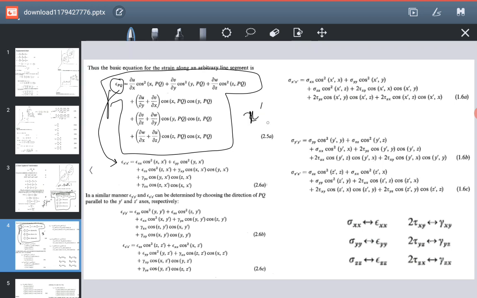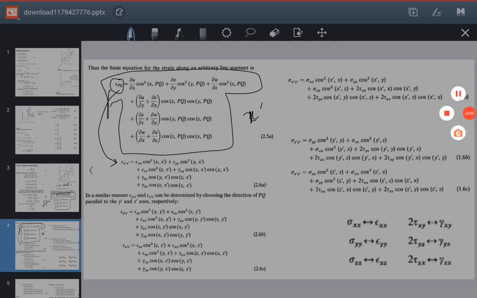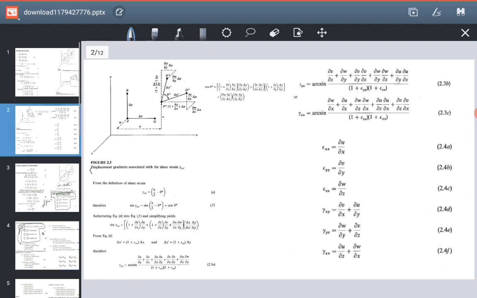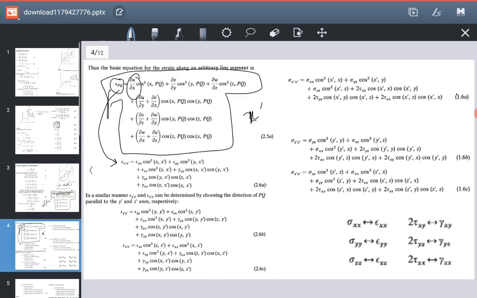So ∂u/∂x is equal to, if you see here, we are just going to substitute this with this. This is what we have precisely done here, and finally we got the next expression.